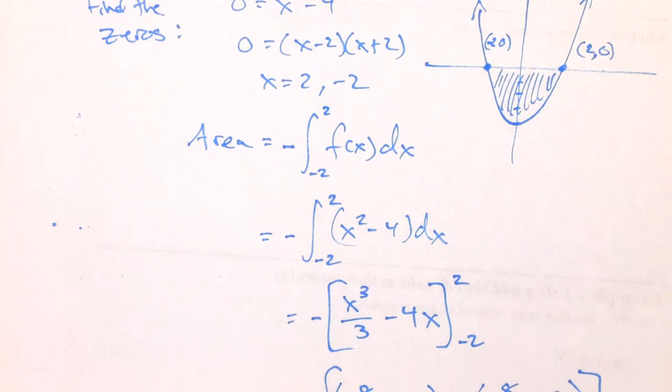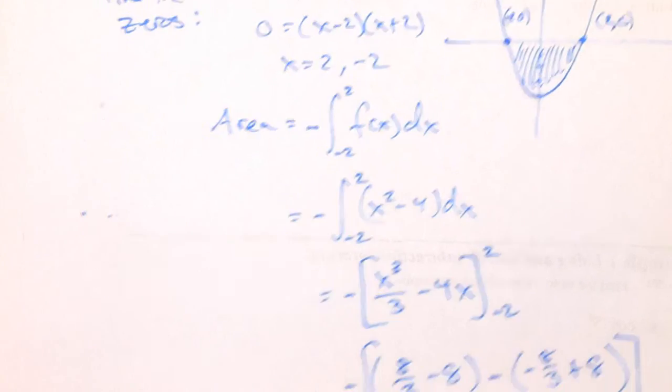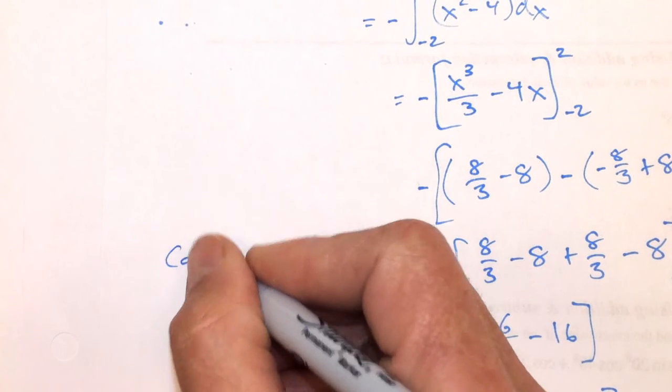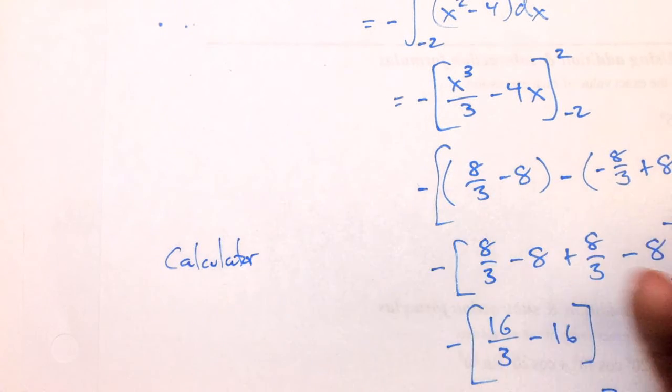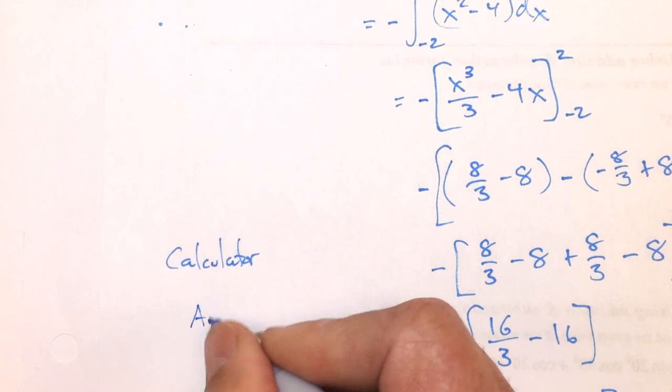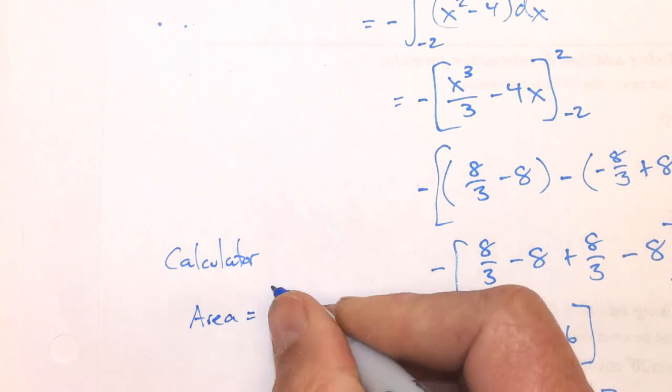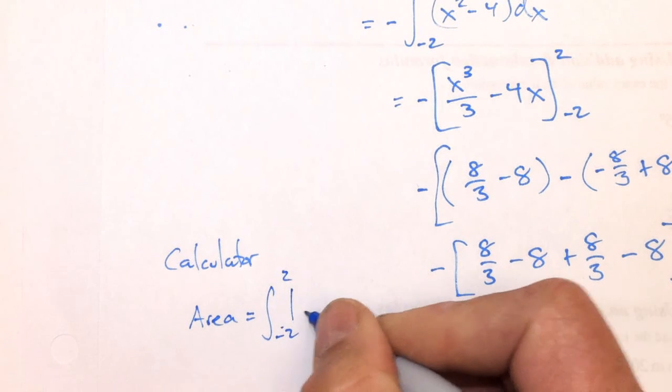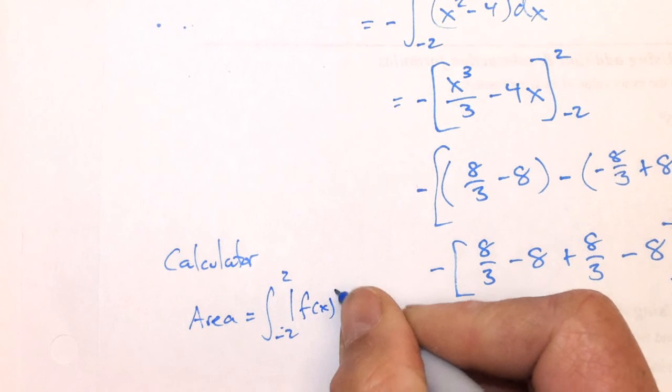I mean, I suppose I could do this on the calculator, but I'll leave that for you to do. You could try to set this one up on the calculator. Let me just make a note. For the calculator, I could just do the area equals the integral from negative 2 to 2 of the absolute value of f of x dx.